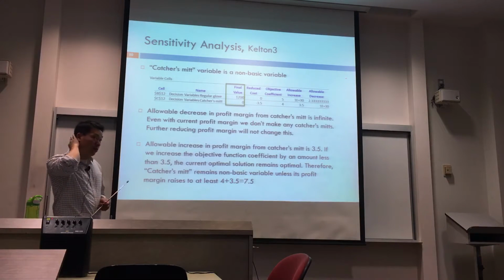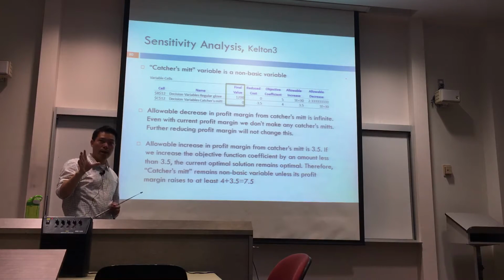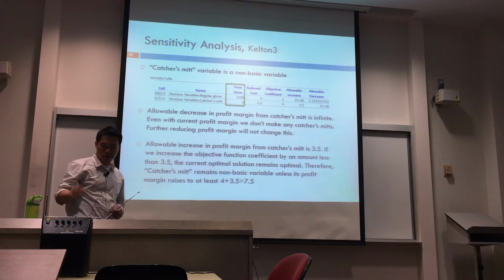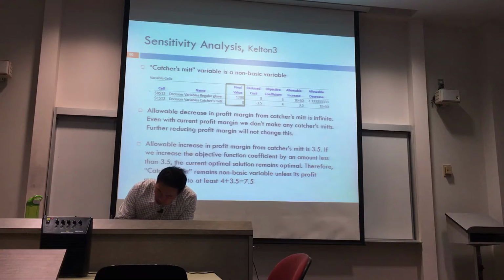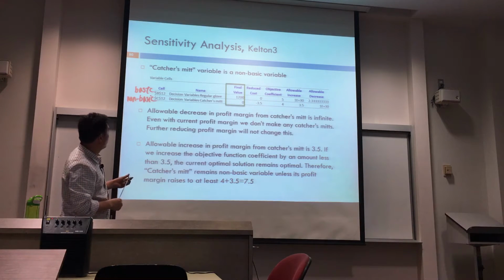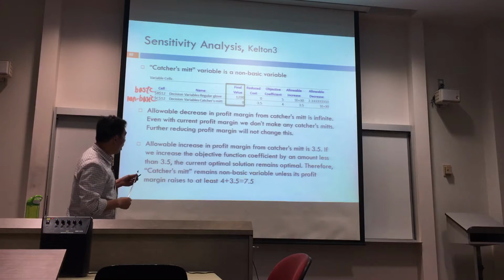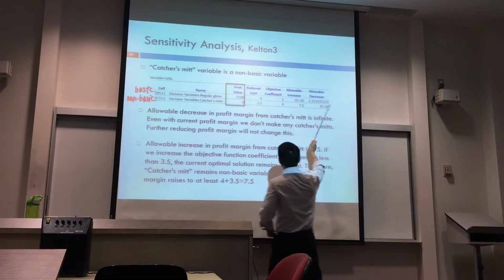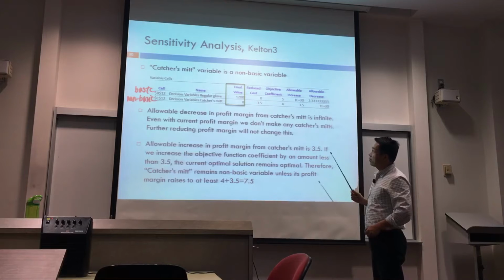As we said, if at optimality the final value is not zero, this is the basic variable, right? And this is a non-basic variable. And then we have the range of optimality, right?